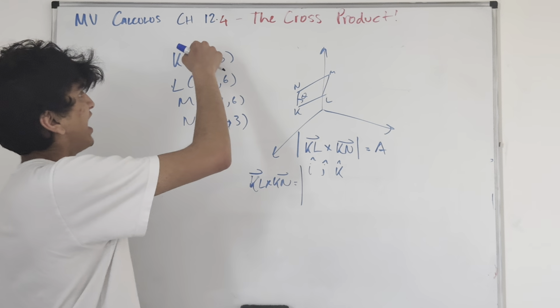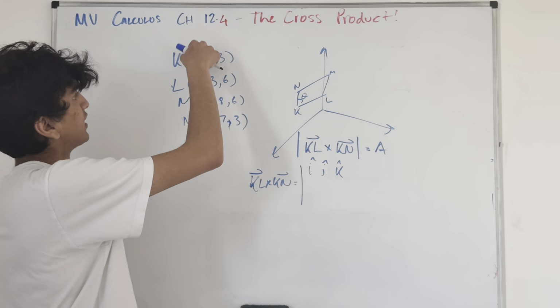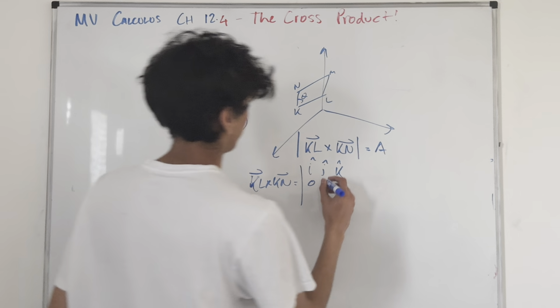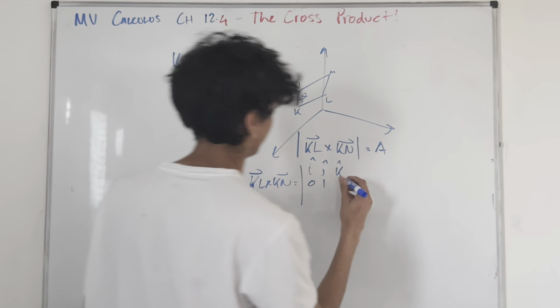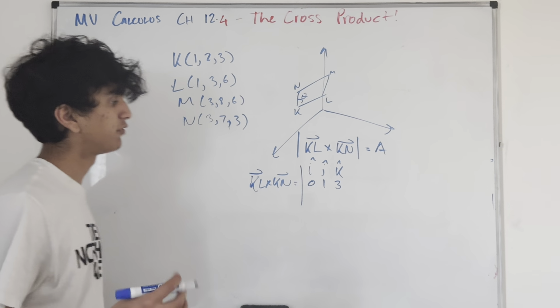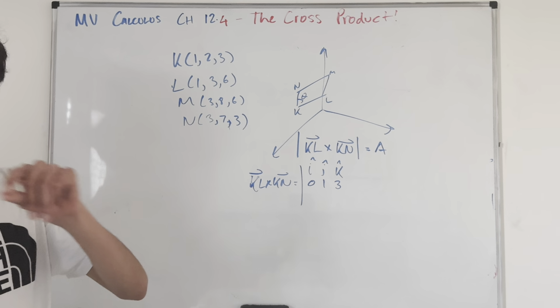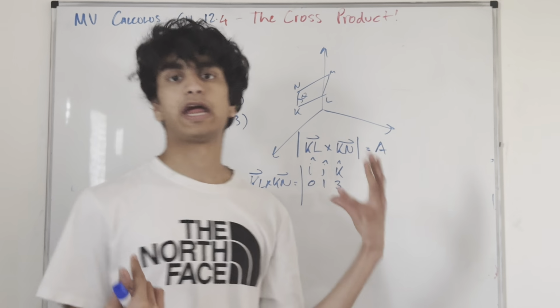From K to L, I'm going 0 change in x, so that direction vector will have an x component of 0. I'm going 1 from 2 to 3, and then I'm changing my z from 3 to 6. That's how I find the vector between two points, starting at one point and ending at another.